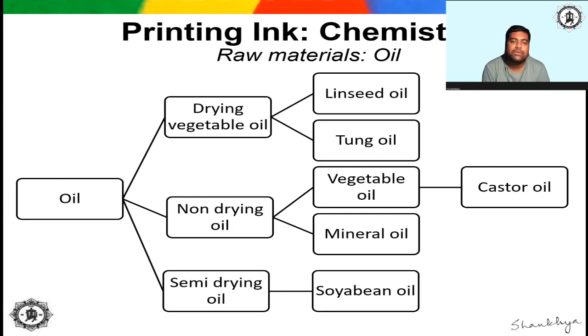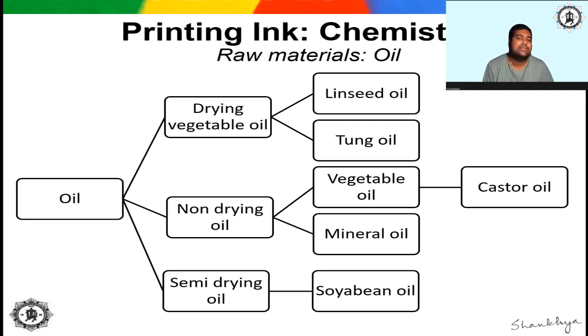In this lecture, we will move on to the next raw material, the component which is used for preparation of printing ink, especially pastes used for your offset application, that is oil. Oil can be classified as, initially I told you, if I remember, in the second slide itself I had showed you one classification, right?